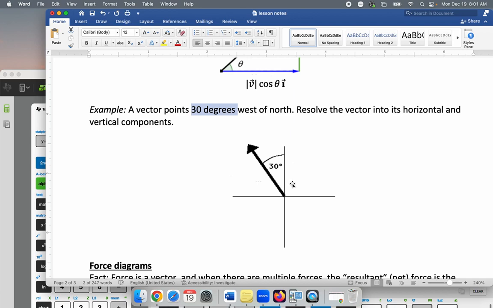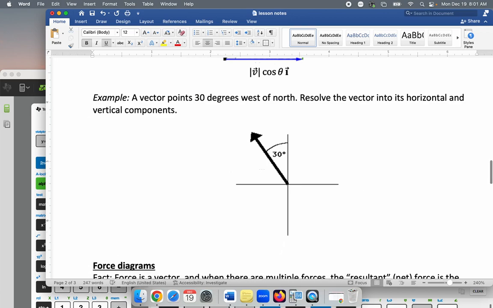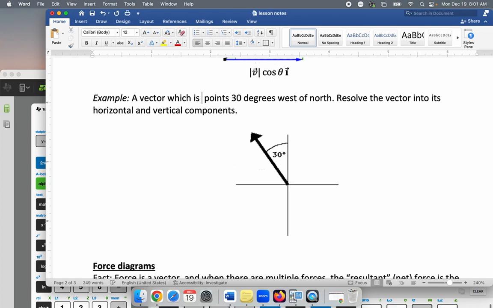Theta is the angle measured from the positive x-axis, and that's not 30. So watch out for that little wrinkle, but otherwise, it's very clear that I need to give this vector a length, don't I? A vector which is, let's say it's 10 units long. There we go. So a vector which is 10 units long points 30 degrees west of north.